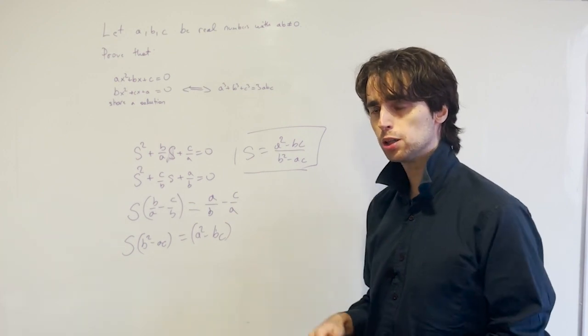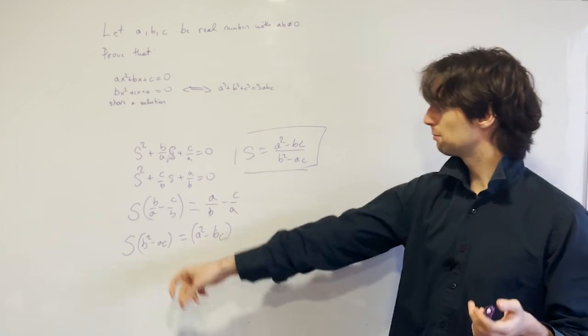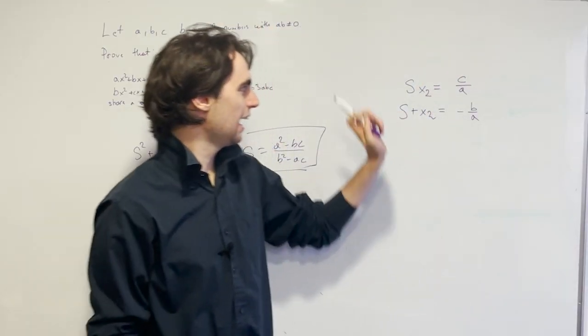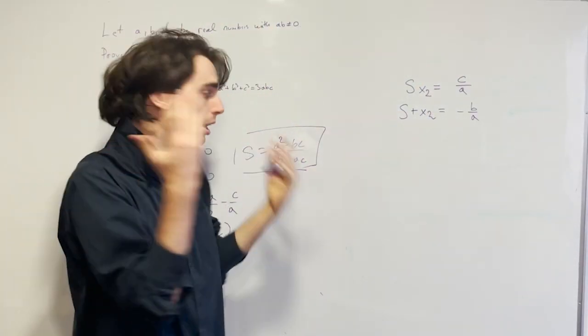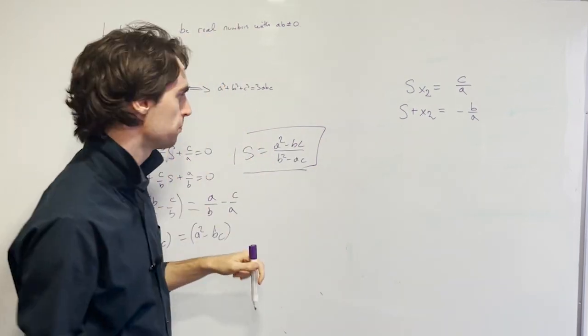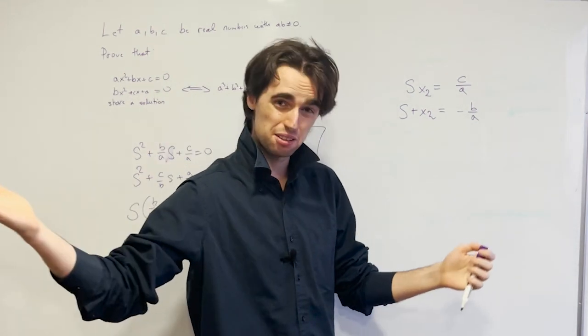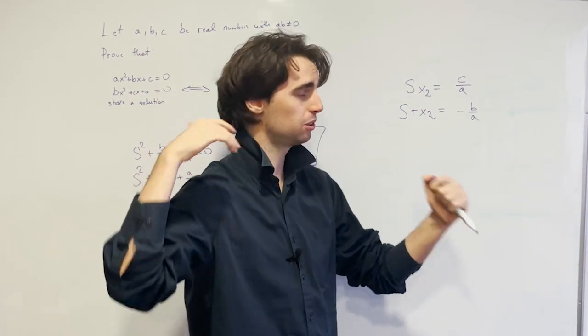I invite you to pause for another 10 minutes and figure out what your next step would be. And here's the next step for me. We use Vieta's rules. We have S, so we can plug it back into the original, but plugging it into the original gives us a degree 5 polynomial, which is just more difficult to factor.